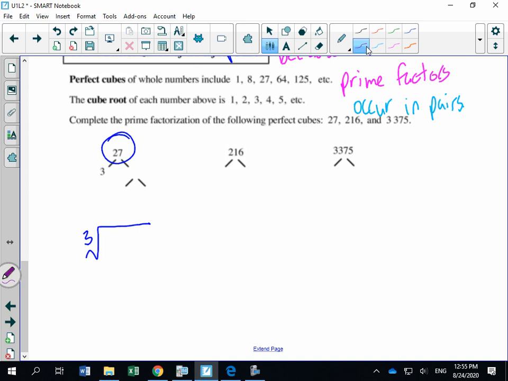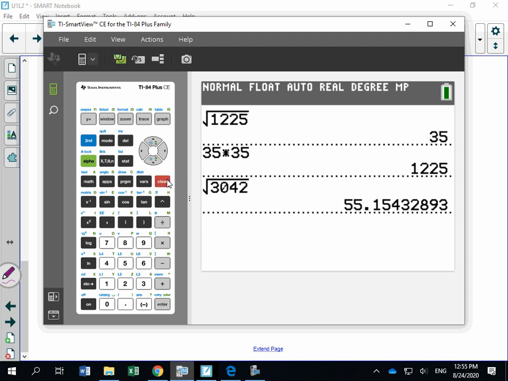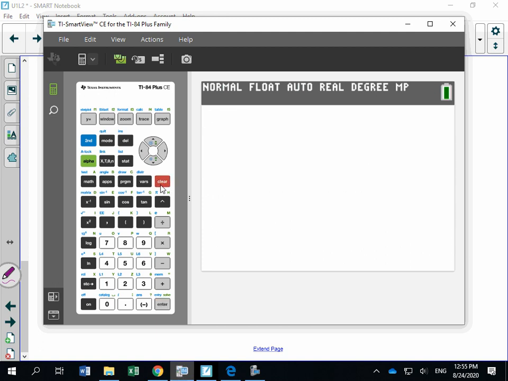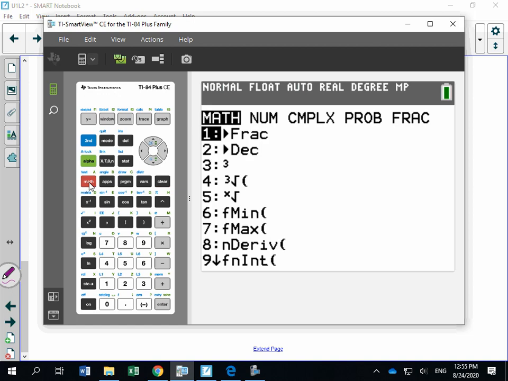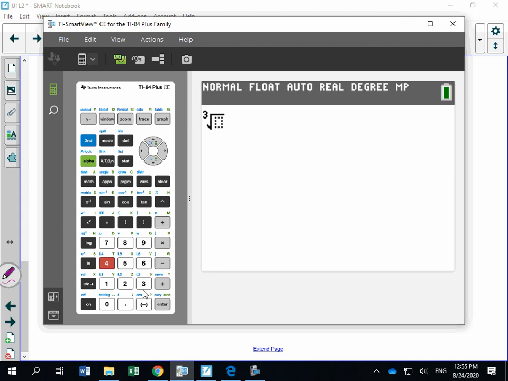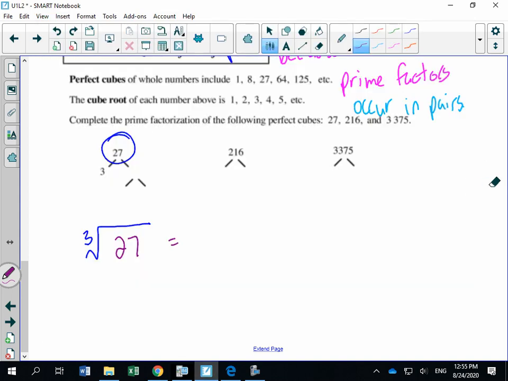So the cube root of 27, if we were to do that on our calculator, go to your math button. So many things are going to be under your math button, and it's going to be number 4. And then we're going to write 27. So that's 3.